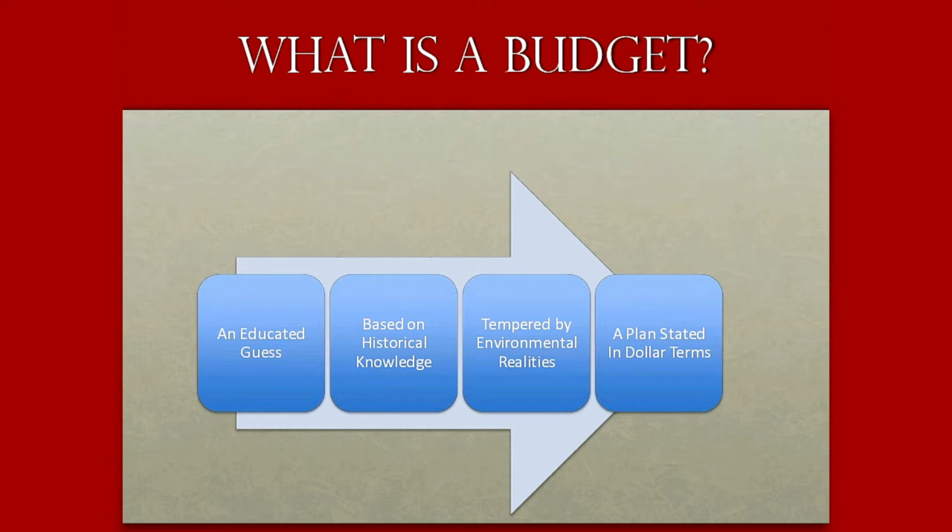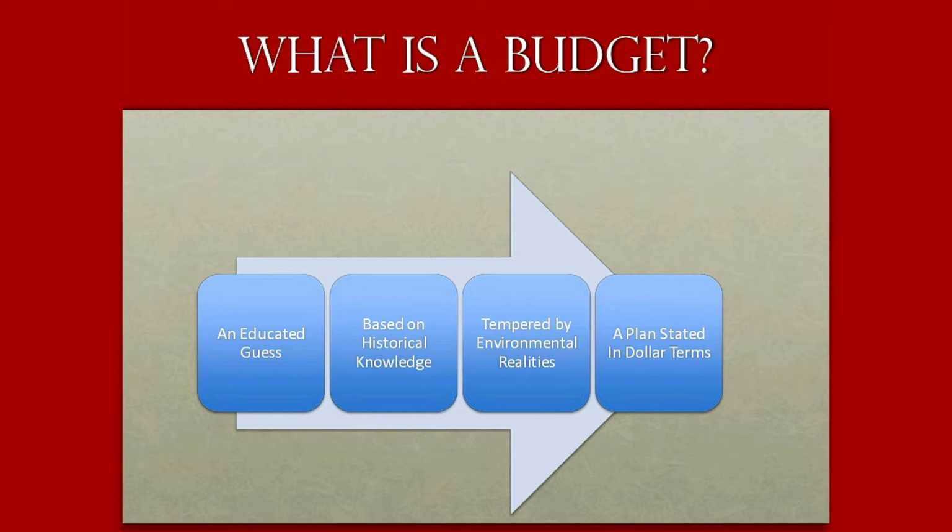If it cost us more than that, why do we think we can do it for less this year? If it cost us less than that, what are our assumptions about inflation and increased costs? We also look around and then make sure that both that educated guess and that historical knowledge is informed by what's going on around us currently.